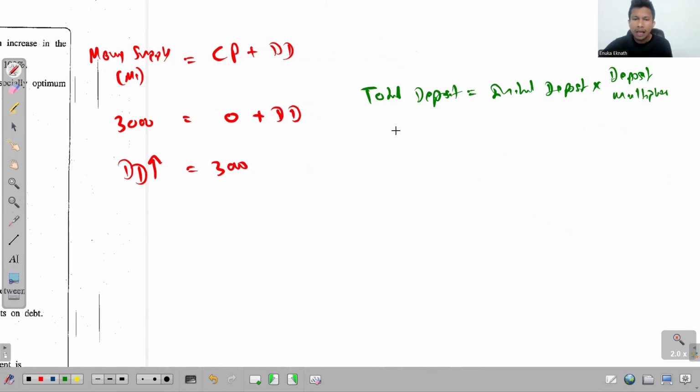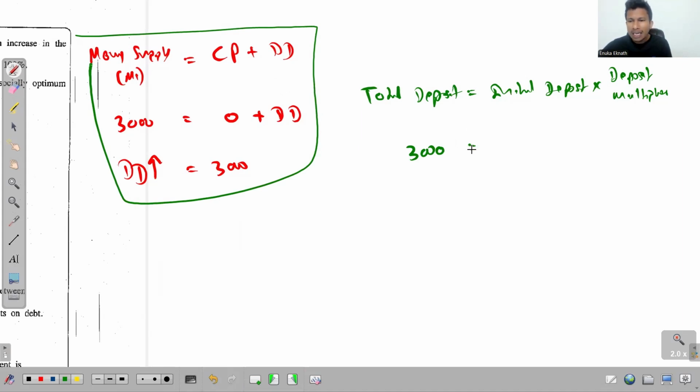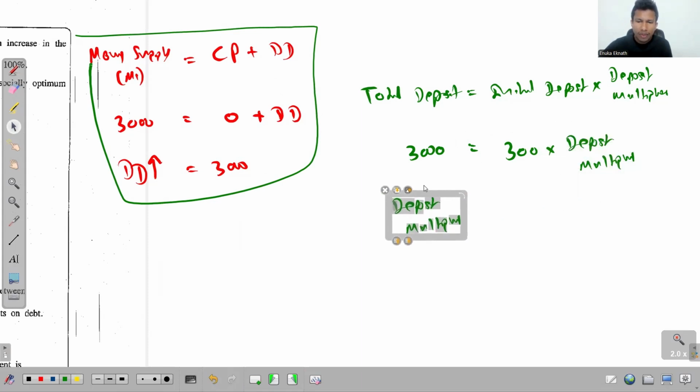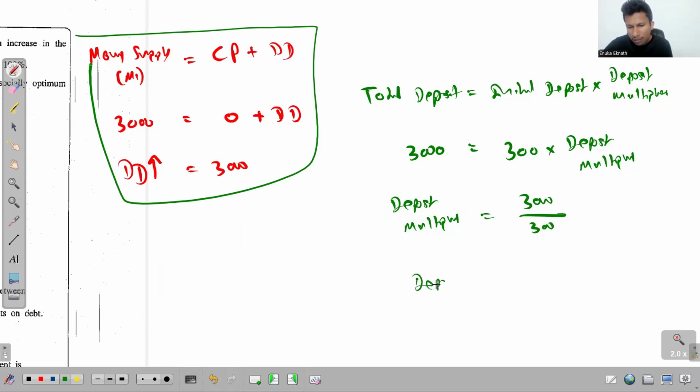Total deposit is 3,000 as per the calculations we did previously, and the initial deposit is given to us as 300. Then you can find the deposit multiplier. That is simply 3,000 over 300, so the deposit multiplier is 10.